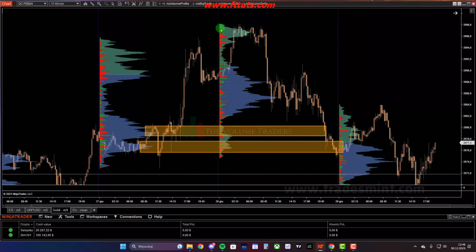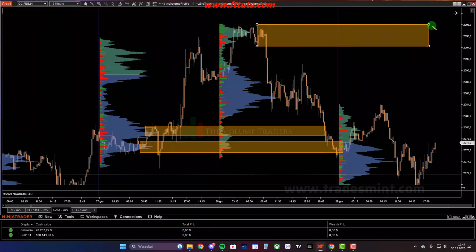And here also we see very high volume, and here was lower. So that looks like a supply, also with a huge aggressivity to move the price down. Even without the volume profile, we could be waiting for that area in the future.